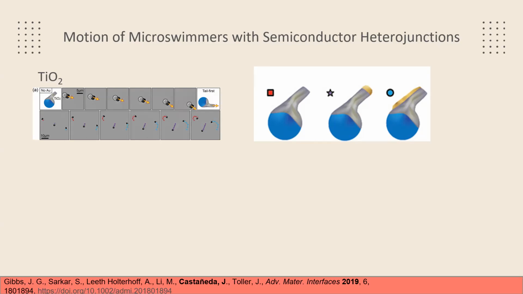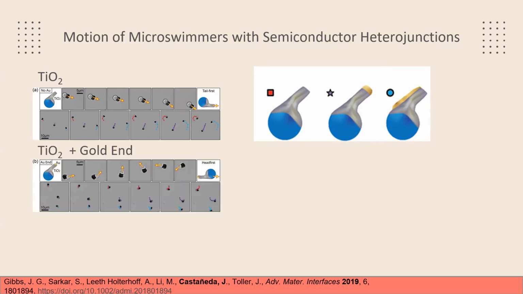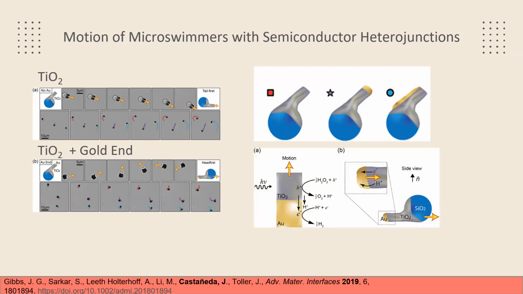They have this tail first motion and few freedoms of directionality. But when we add that gold, we're changing that direction. So instead of going tail first, we go head first, and we're no longer needing to deposit so much of that titanium dioxide. We're able to change that directionality with only adding gold.